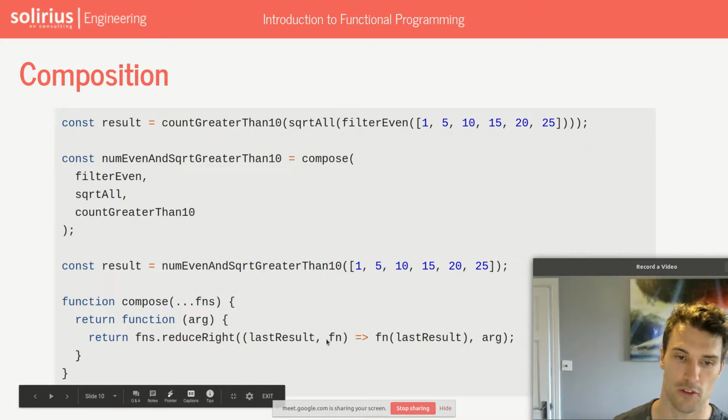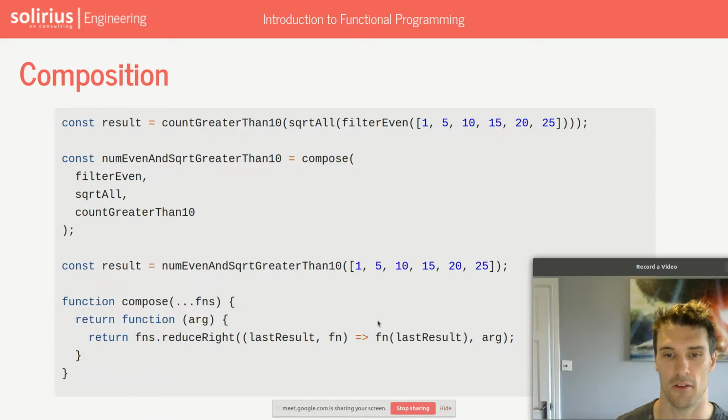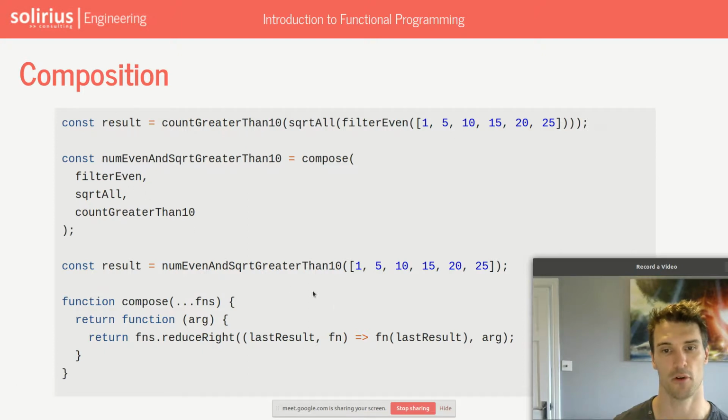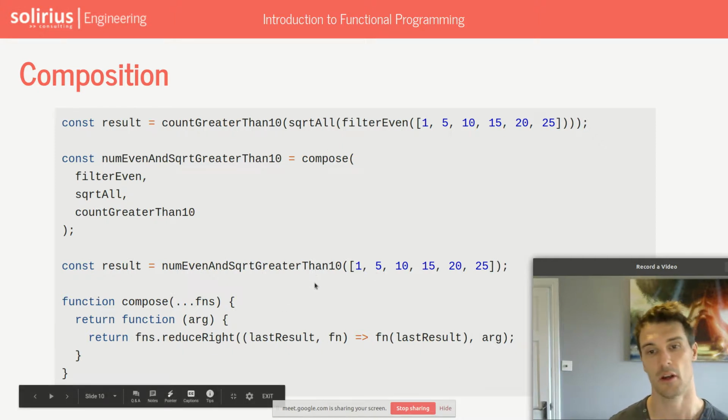We use higher order functions again, and you keep track of the last result of the iteration and the current item you're iterating on, and then you do whatever it is you're going to do in that iteration and return the value. So in our case, we've got this list of functions, and we're stepping through, and we're applying this one and returning the result, then we move on to the next one, apply the result, and continue like that until it gets to the end.